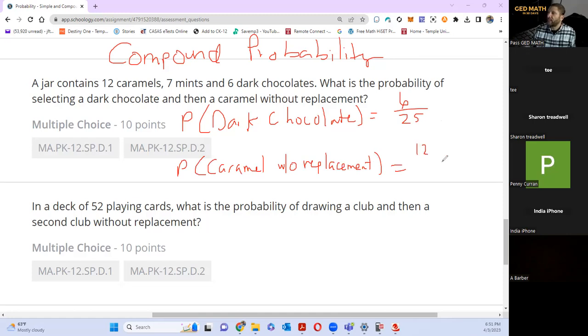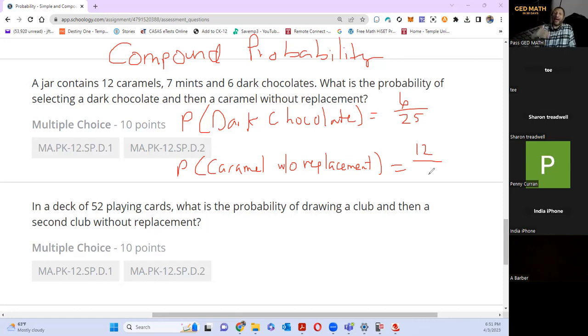How many total pieces of candy do I have left? You get 13, because you didn't put it back.